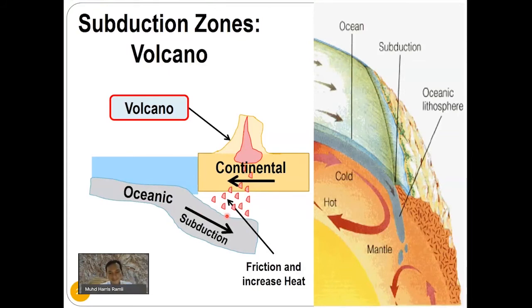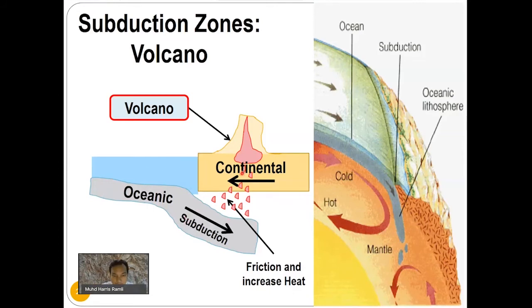So the one that is going to subduct is actually the one that is heavy. So if you put into perspective continental plate and oceanic plates, you can see that oceanic plate is just 5 kilometers. Continental is about 30 kilometers. So although it's 5 kilometers, it is actually very, very dense because it's already compact. So when it's very dense, it's very heavy. So when it's very heavy, it's going to go downwards.